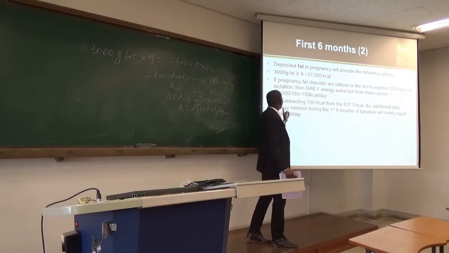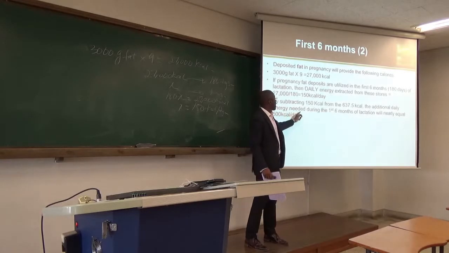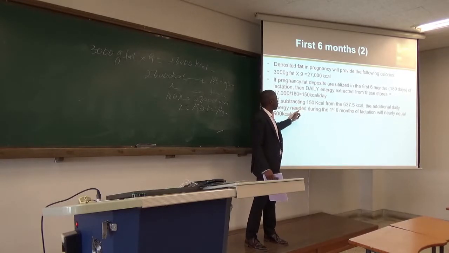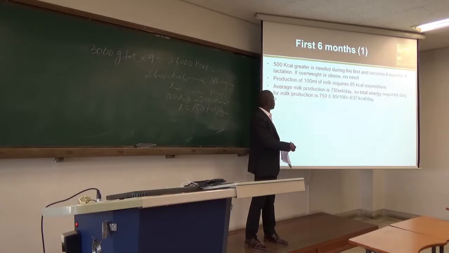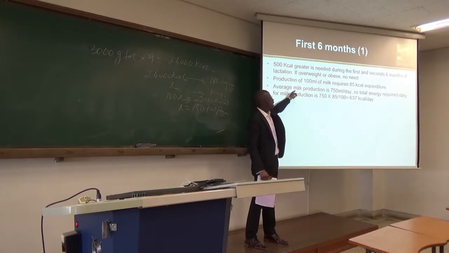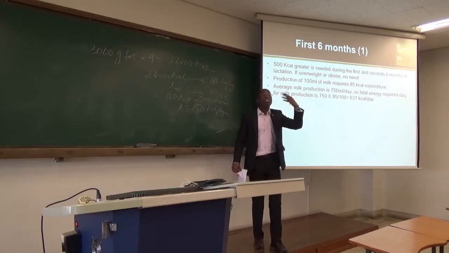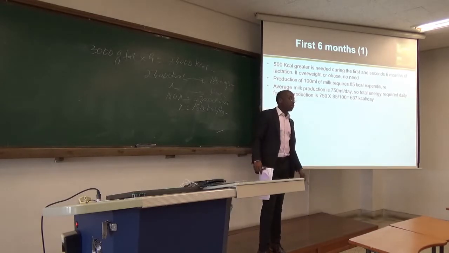The additional daily energy that I need during the first 6 months of lactation will be around 500. How? Let's come back. Average milk production. Average milk production for 1 day, how much energy is required? How much energy do we need? Around 637.